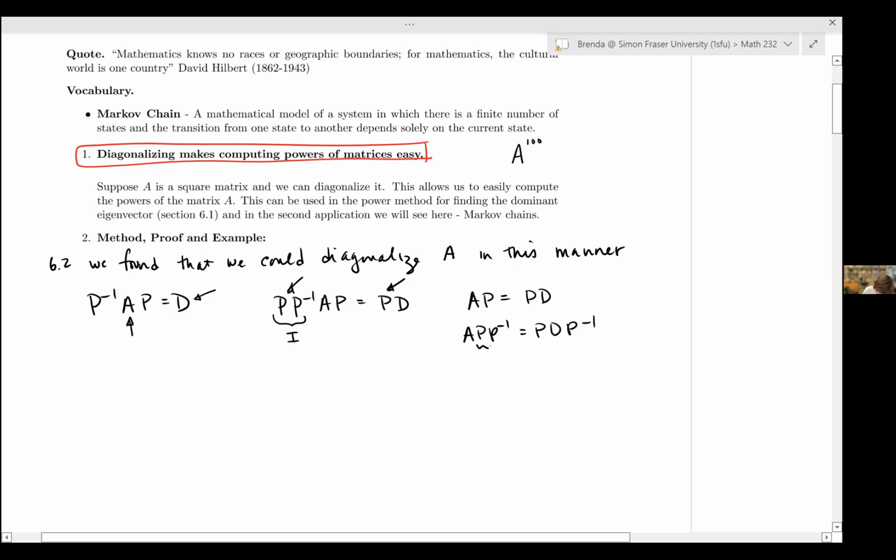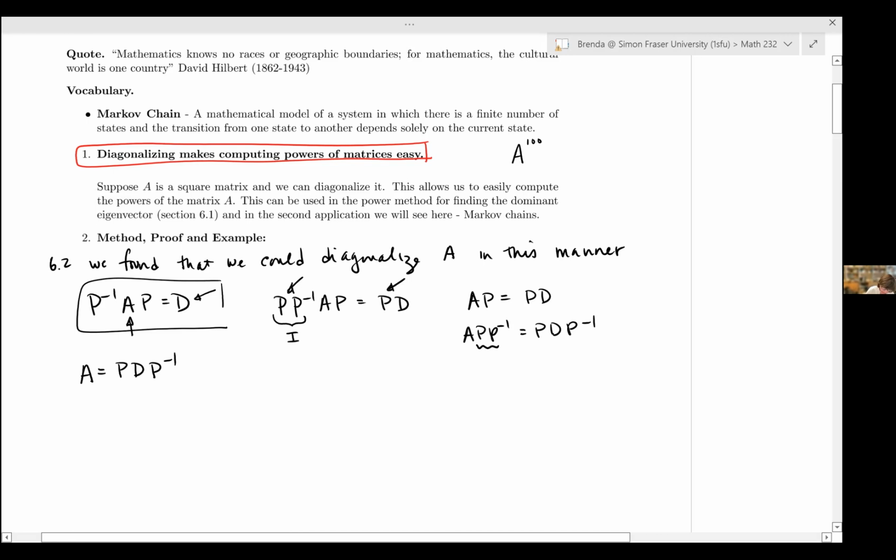And then this is also I, P times P inverse is the identity matrix. So that means that I can represent my matrix A as PD P to the -1. Once I have that diagonal matrix, I already have P and P to the -1. I can factor A in this manner.